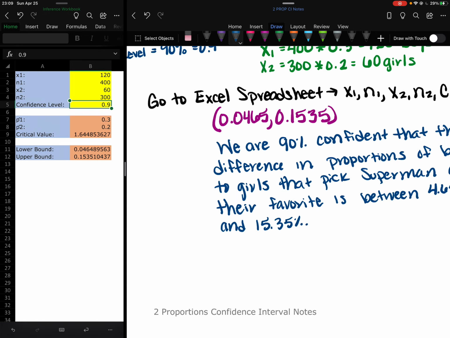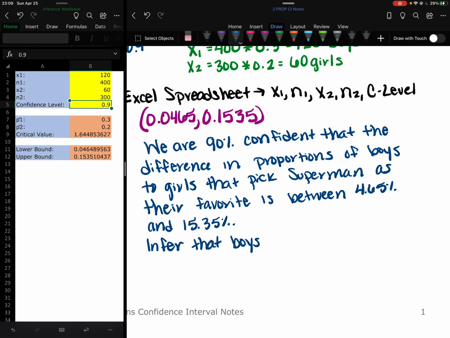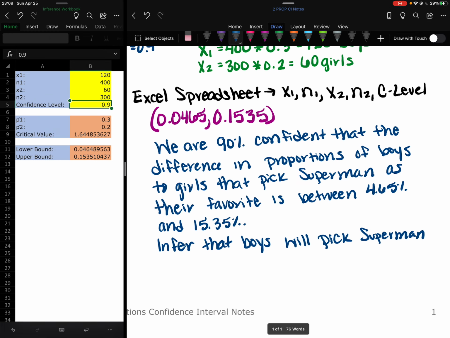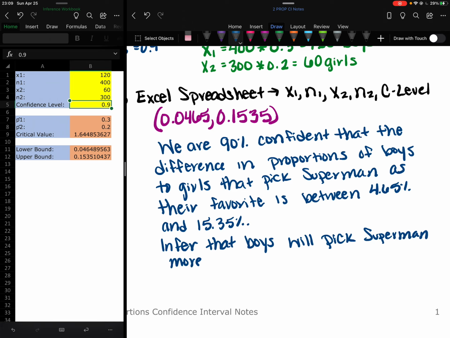So I can infer that boys will pick Superman more than girls, because the difference is positive, and I found this difference by doing boys minus girls.